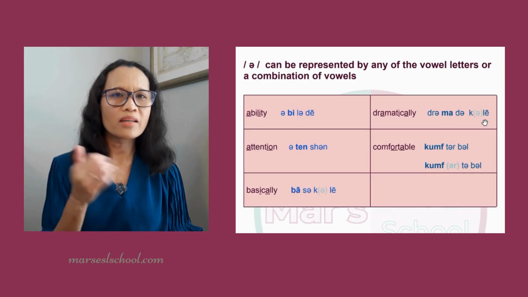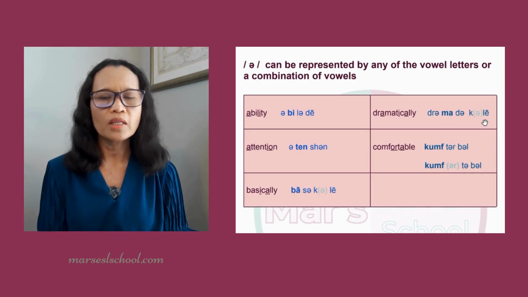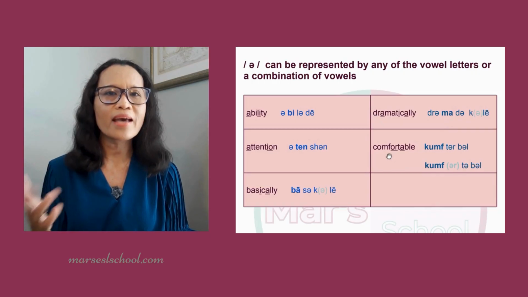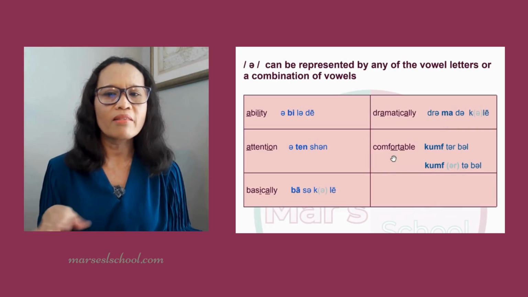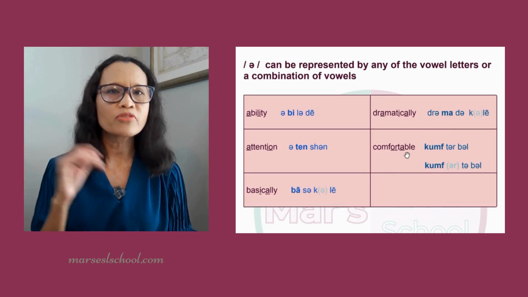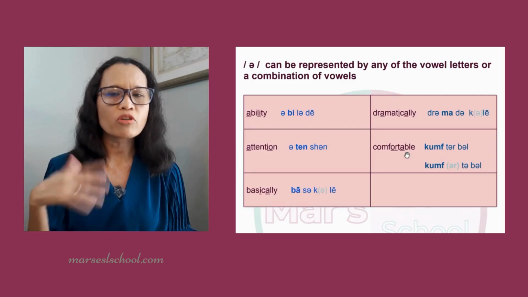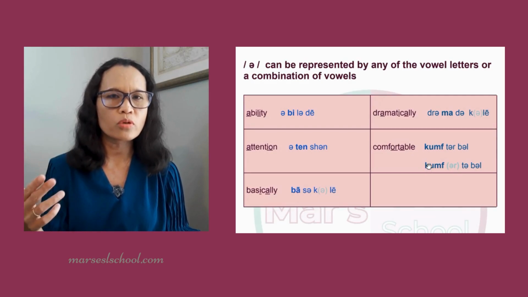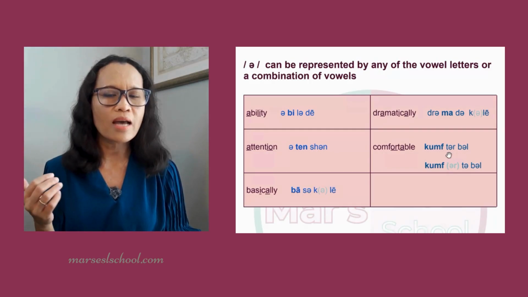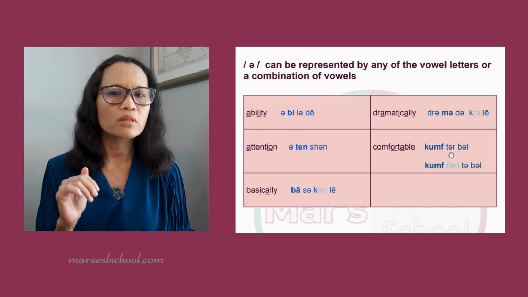So dramatically. Now let's go to the next example that we have, and this one is comfortable. There are two ways, actually more than two ways to say this word. Sometimes you hear an R sound, comfortable.